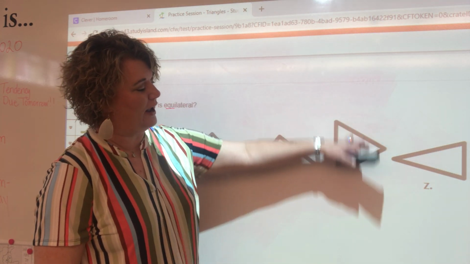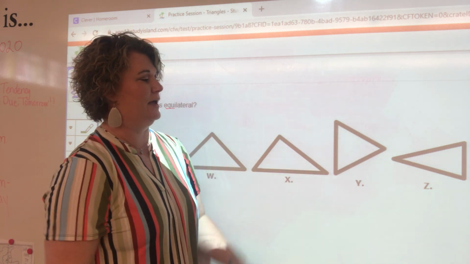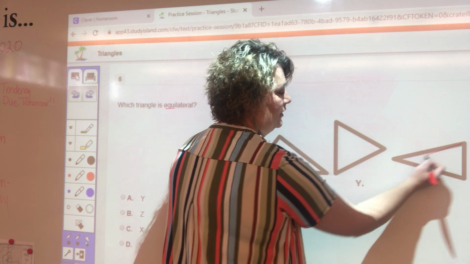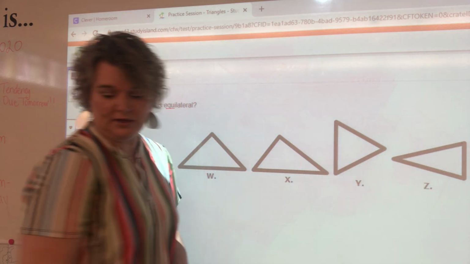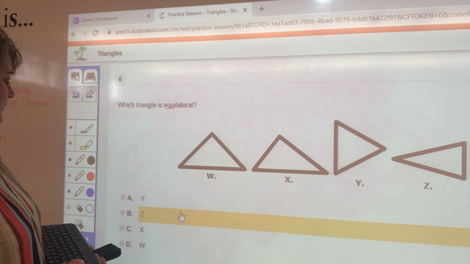It doesn't matter how you turn Y, he's going to look the same no matter what. It can't be Z because that's like a Christmas tree. Those two sides are the same length and the bottom's shorter. So the letter Y is your answer, which is actually letter A.